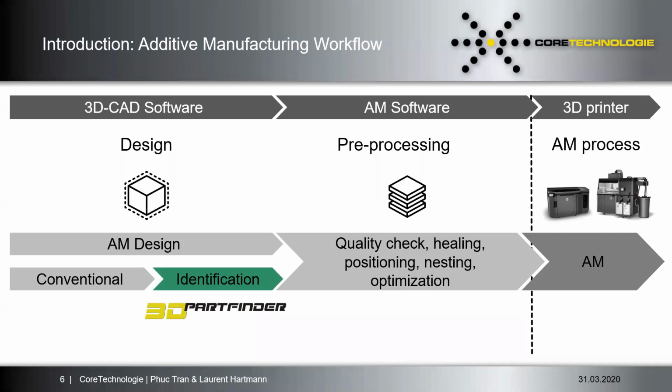And therefore you need to find a way to search models which is optimal for 3D printing, right? So therefore, there is a tool on the market from our side, the 3D Part Finder, to identify conventional built parts for the additive manufacturing based on attributes and so on.